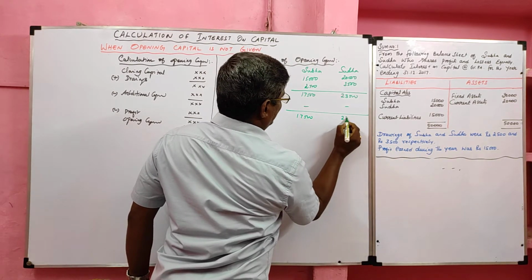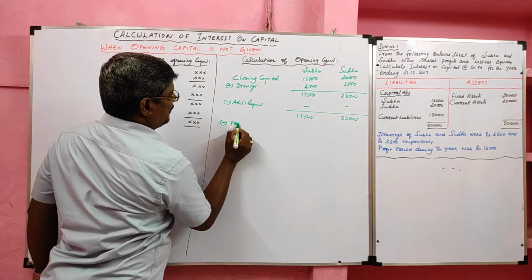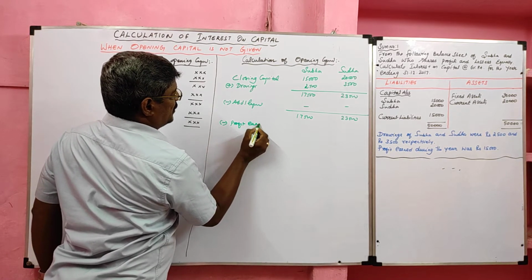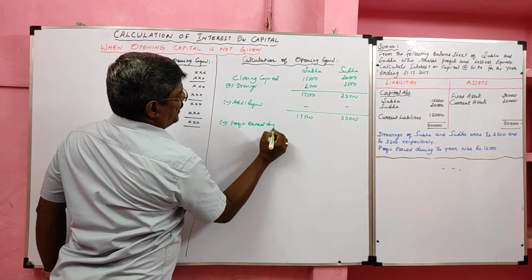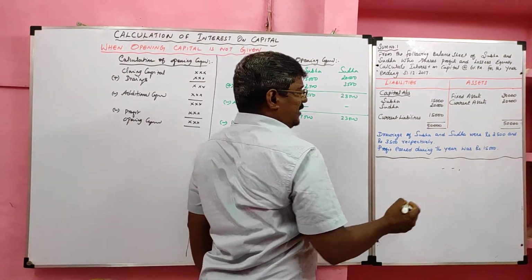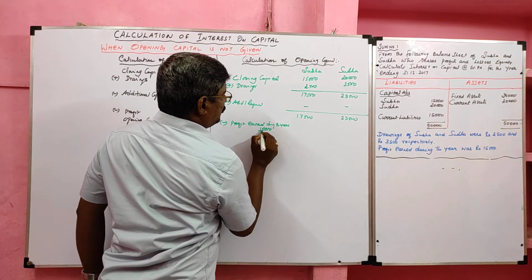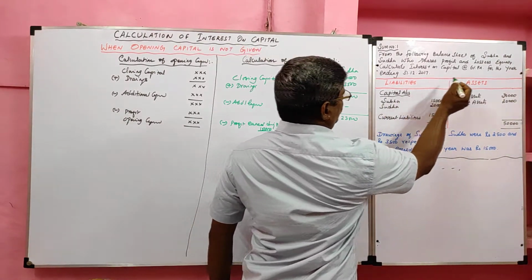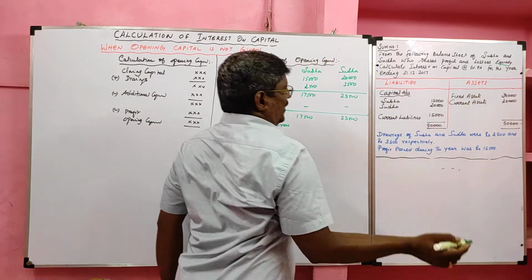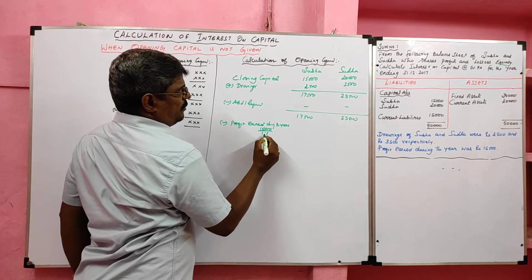17,500 and 23,500. Then we have to deduct profit earned during the year. Here, total profit is given, the value of profit 15,000. It should be divided in the agreed ratio. Here the agreed ratio is equal, so 1:1, that means 1/2, 1/2.